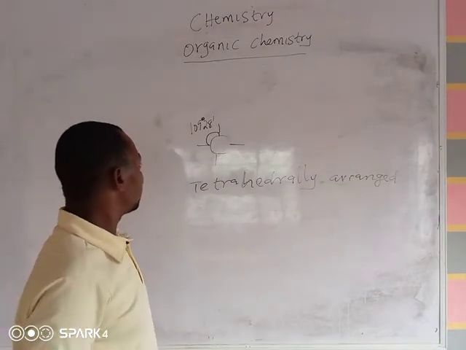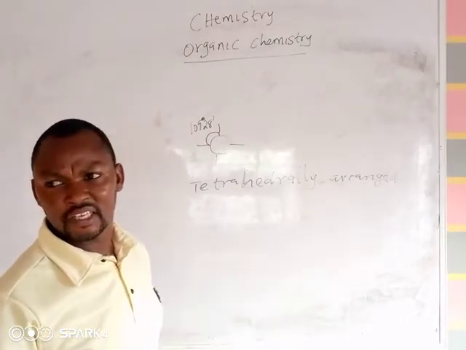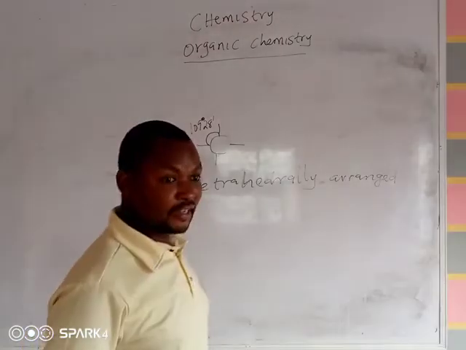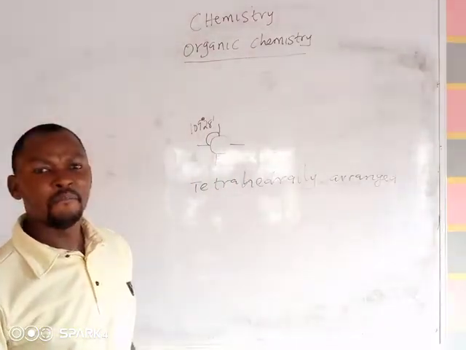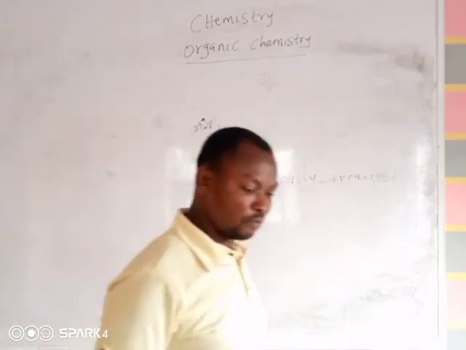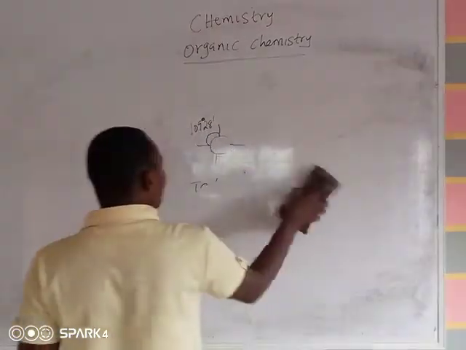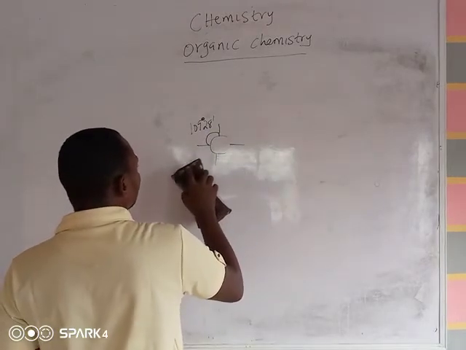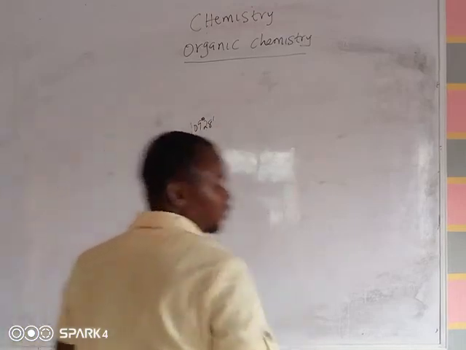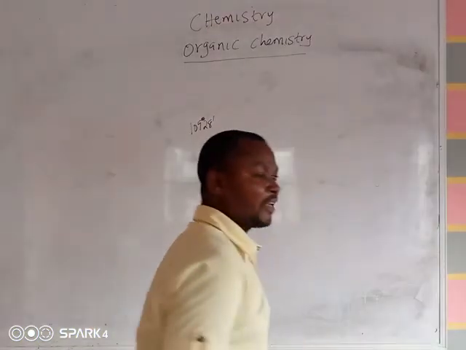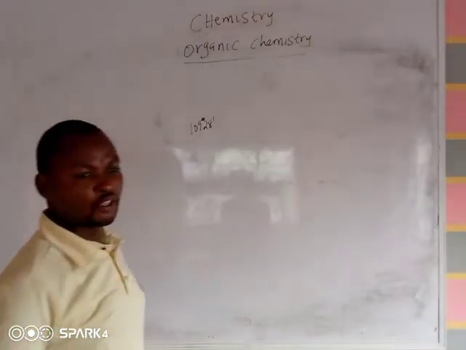109 degrees 28 minutes. This 28 minutes can be converted to degrees by dividing the 28 by 60, then adding the result to 109.